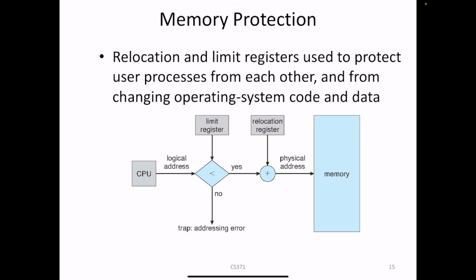Here you need to be careful. Using only the relocation register cannot guarantee the validity of the logical address. We have to combine it with a limit register to check whether it is legitimate. And since we only check the logical address instead of the physical address, using only a limit register is good enough to tell whether the address is valid.